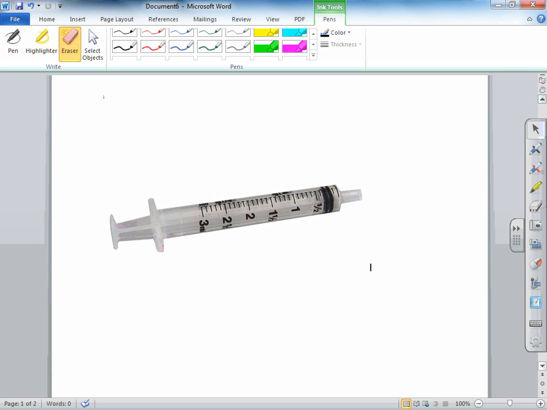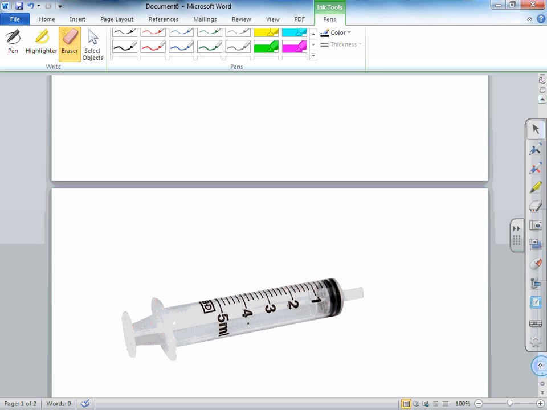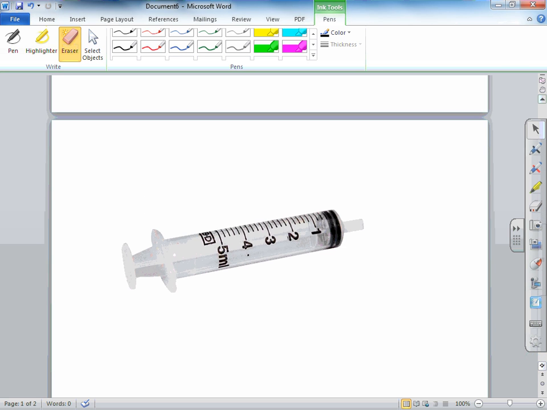If you said a 5 milliliter, you are correct, because the rule of thumb is to use a syringe that will take up that volume. Never use a syringe that's over the volume. So because of that, for number 5, I'm going to use a 5 milliliter syringe.